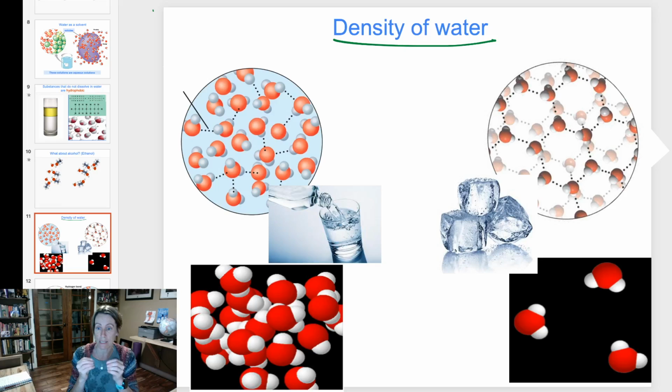Are they moving like this? Are they moving like this? Or are they moving like this? All right, so if you can think of it this way, right now it's the height of summer, if you were to walk outside your front door right now, the air would feel incredibly hot. And that's because the air molecules are moving really, really fast, and they're slamming into your skin really hard, and that's the heat.